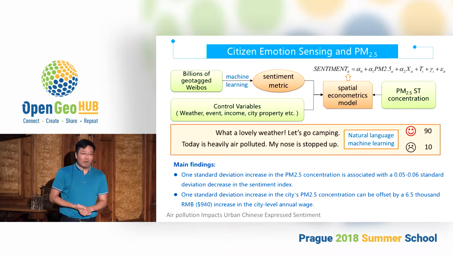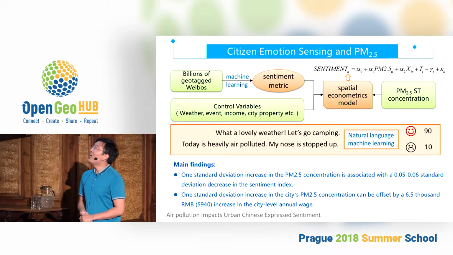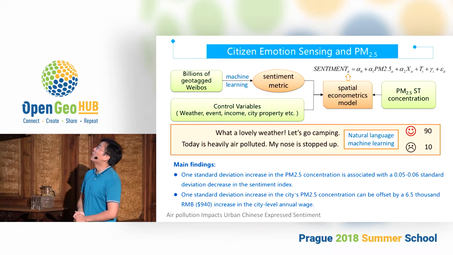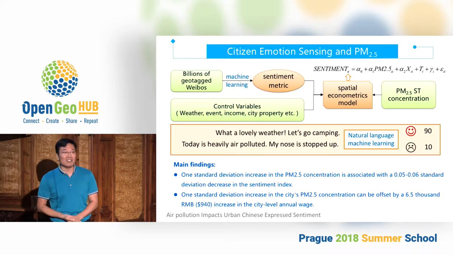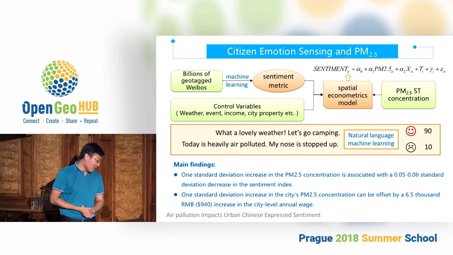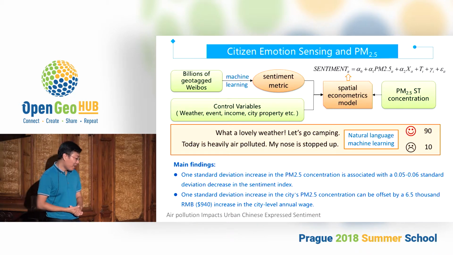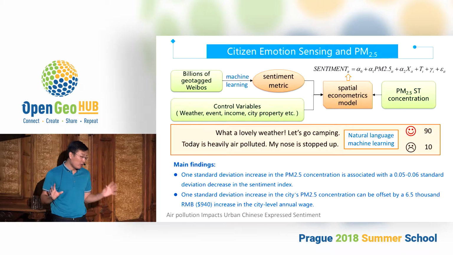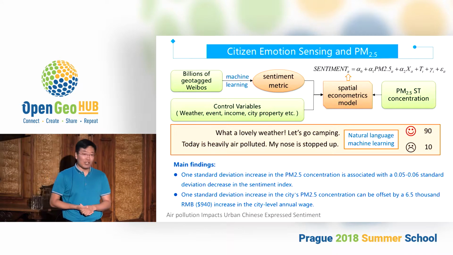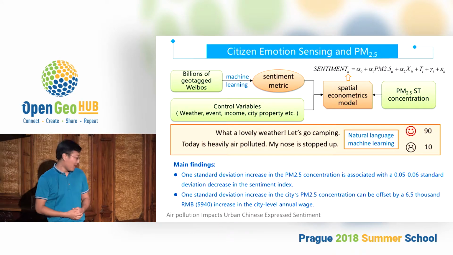For example, if one posts, "What lovely weather, let's go camping," after using natural language machine learning, we get a sentiment index of 90. But if we post today, "It's heavily air polluted, my nose is stuffed up," the sentiment index equals only 10.